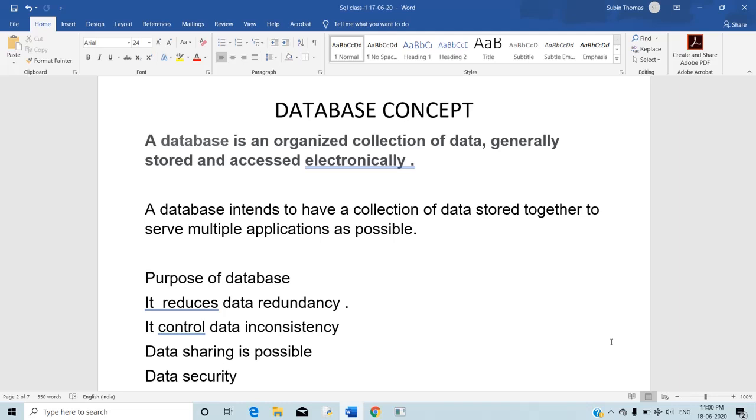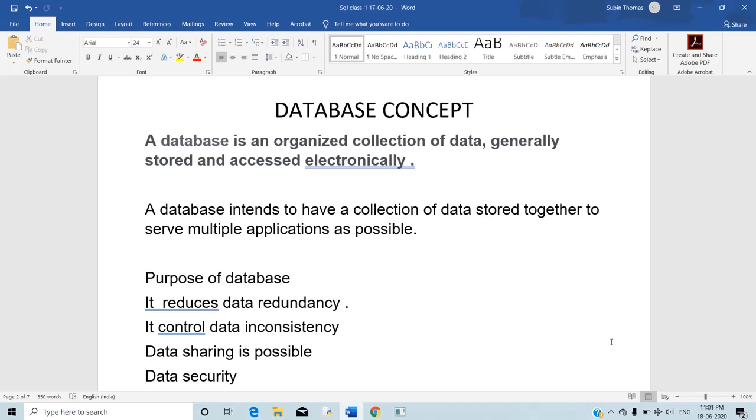A database intends to have a collection of data stored together to serve different applications. By using this data, it can be used in different applications.